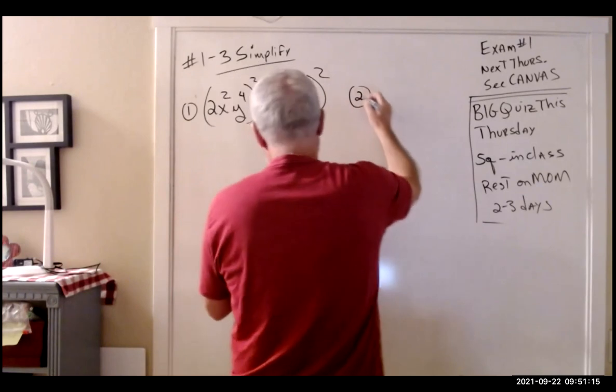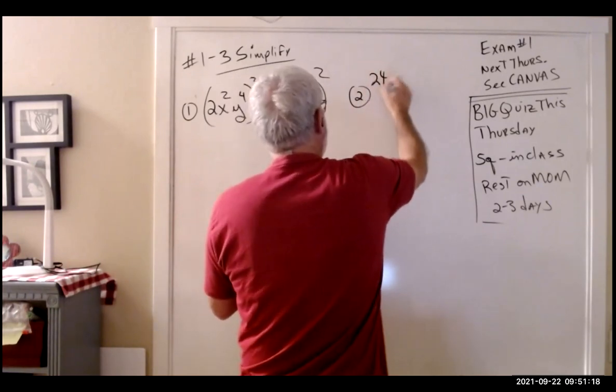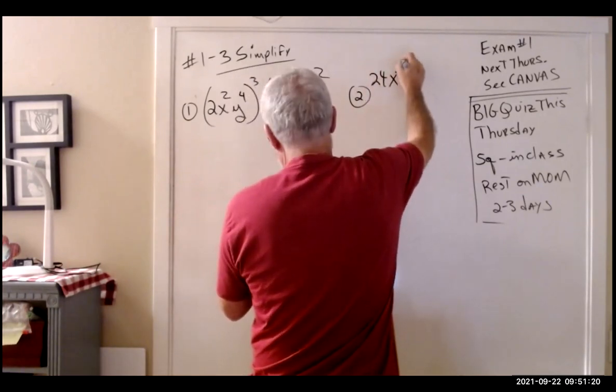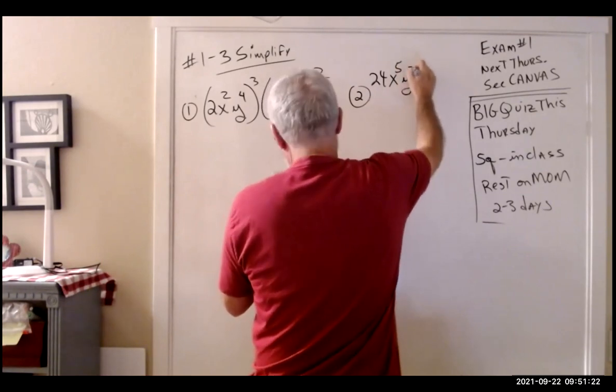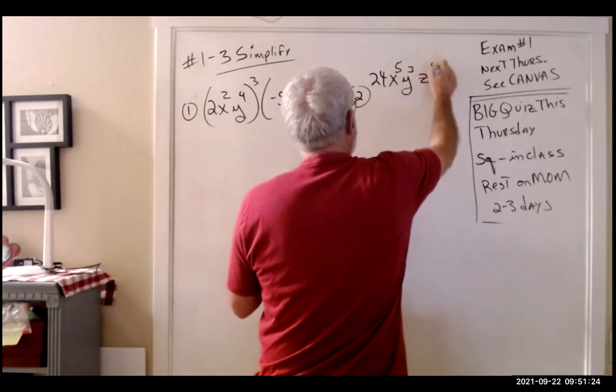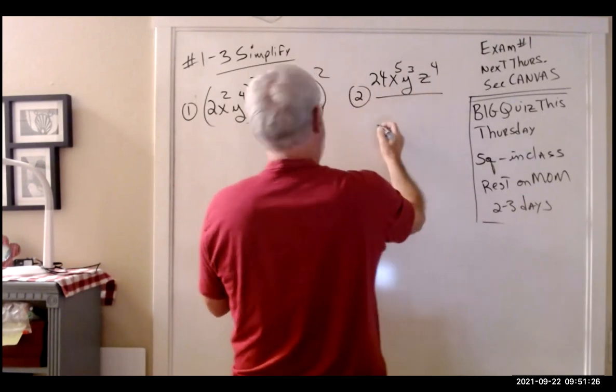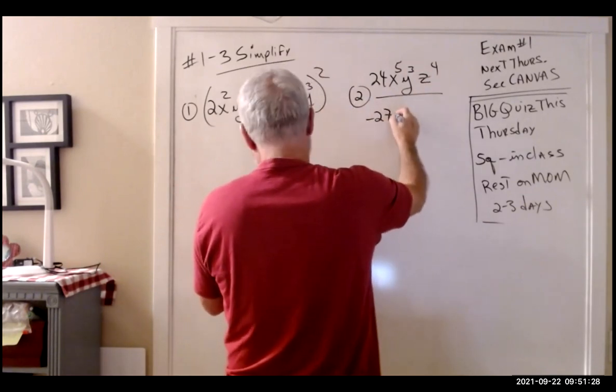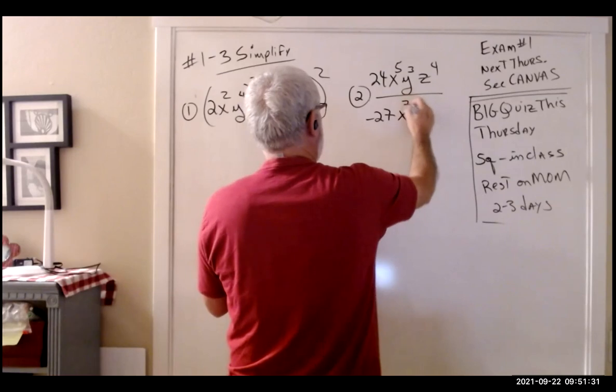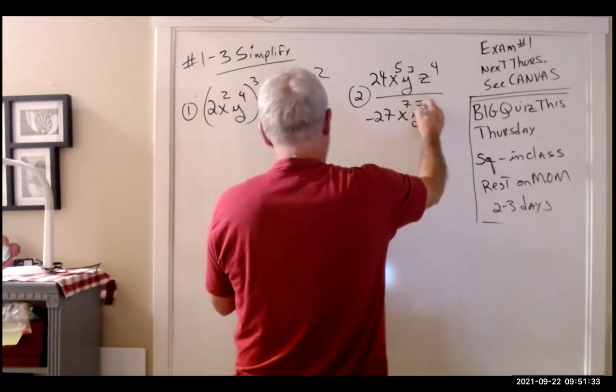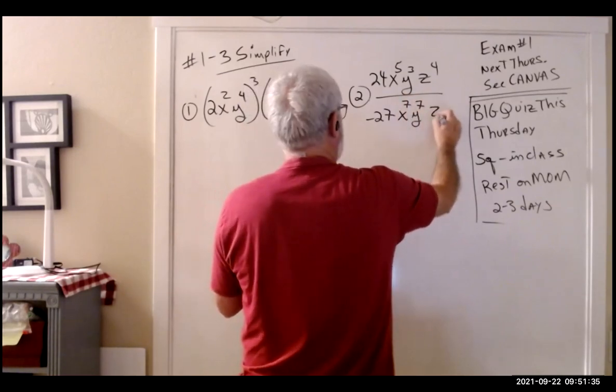Number 2: 24 x to the 5th, y to the 3rd, z to the 4th, over -27 x to the 7th, y to the 7th, z.